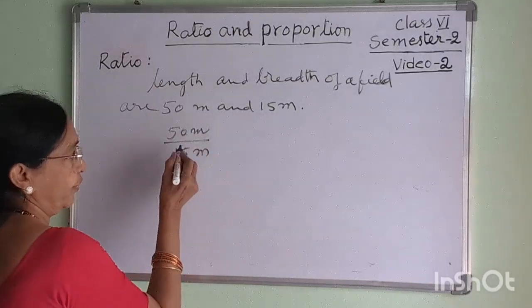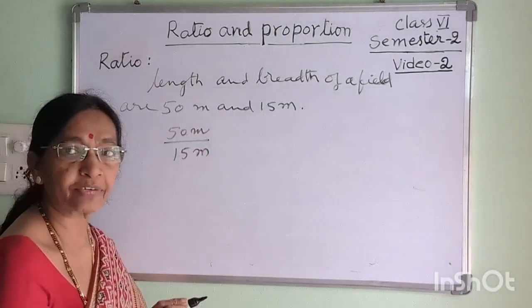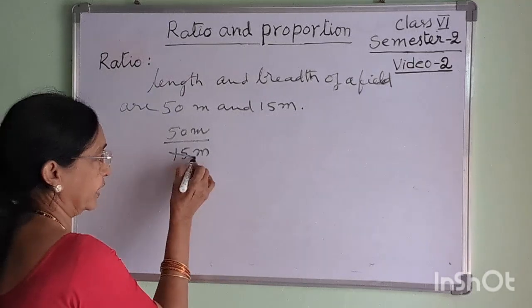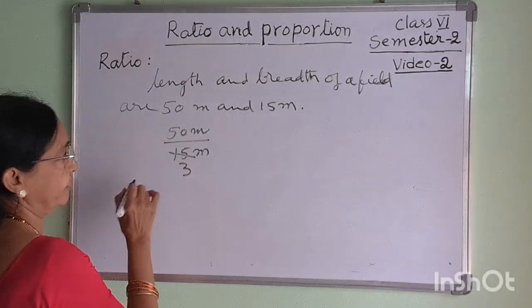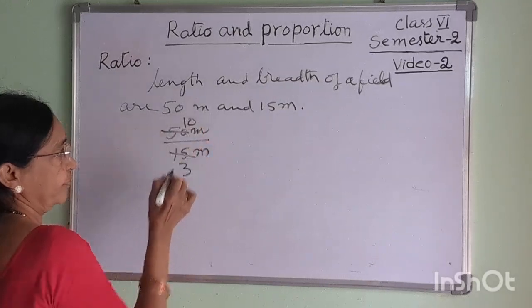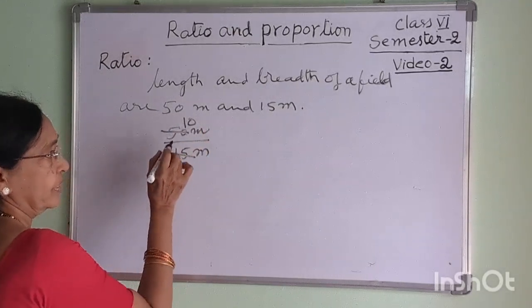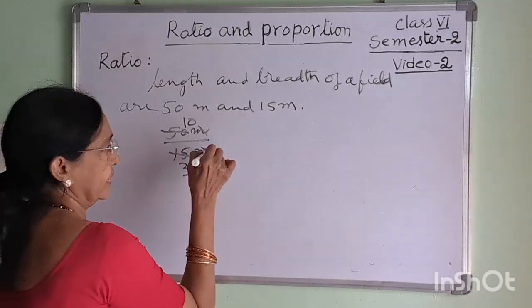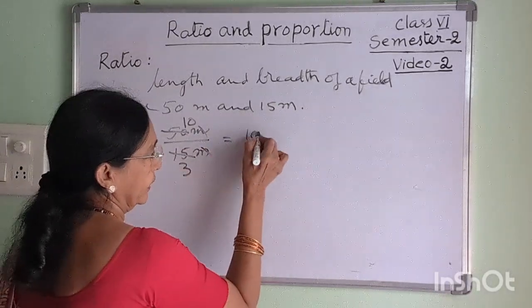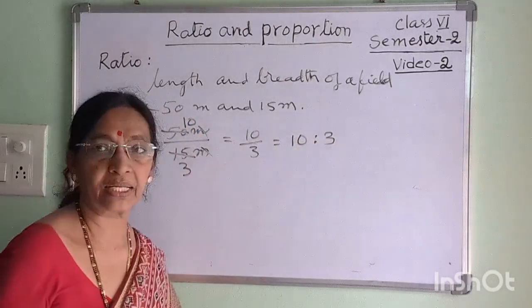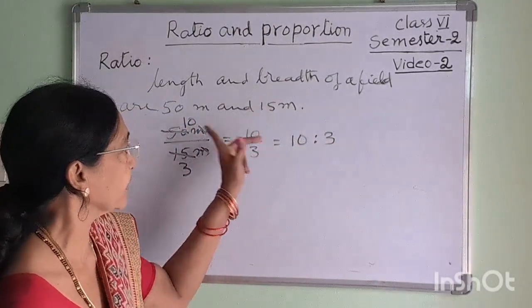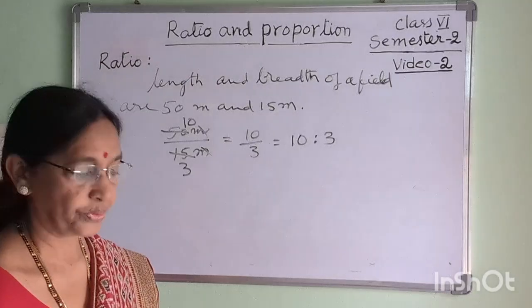Both 50 and 15 are divisible by 5, therefore we divide by 5. 5 10s are 50, 5 3s are 15. So the meters get cancelled, and we get 10 by 3, that is 10:3. Therefore the ratio of the length and breadth of the field is 10:3.